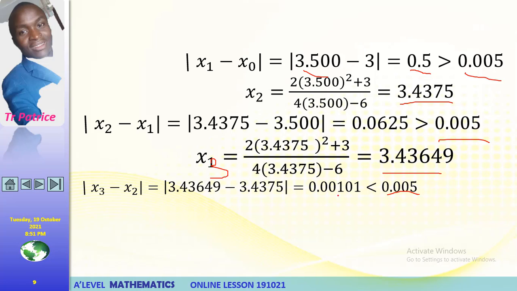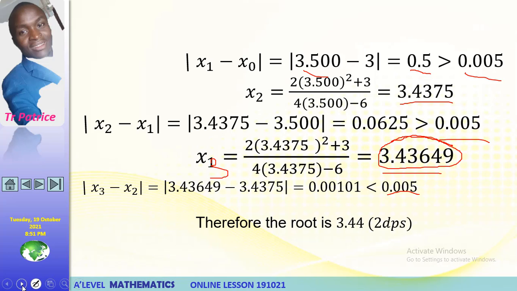This value here is close. We shall use now our x3 as the root of the equation f of x equals 0. But remember, we are required to write our answer correct to two decimal places. Therefore, the root is 3.44.